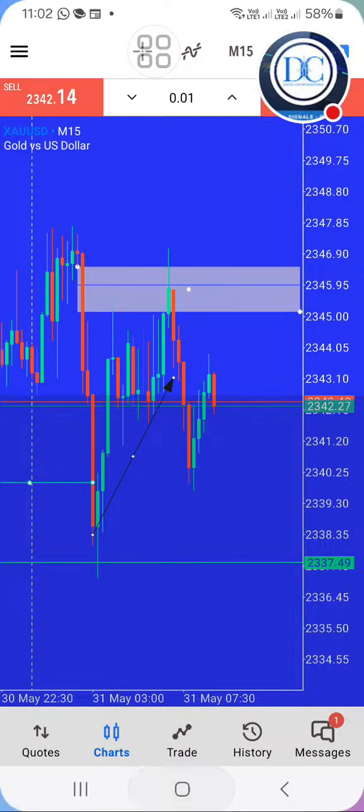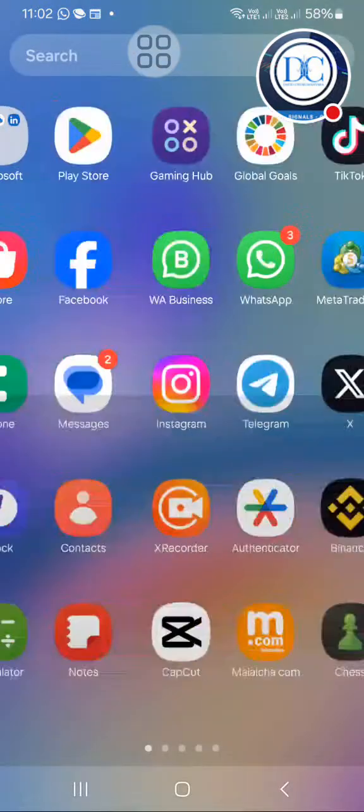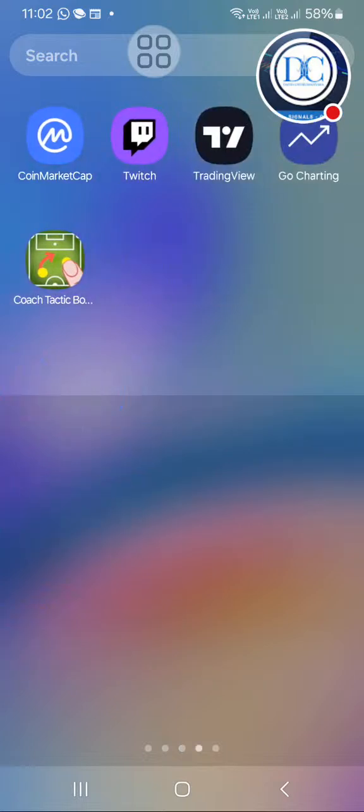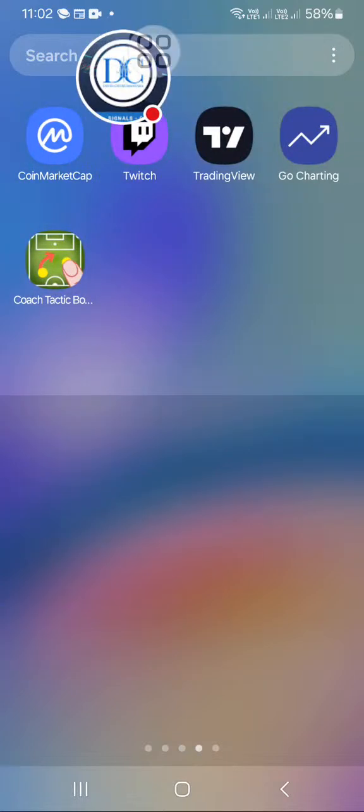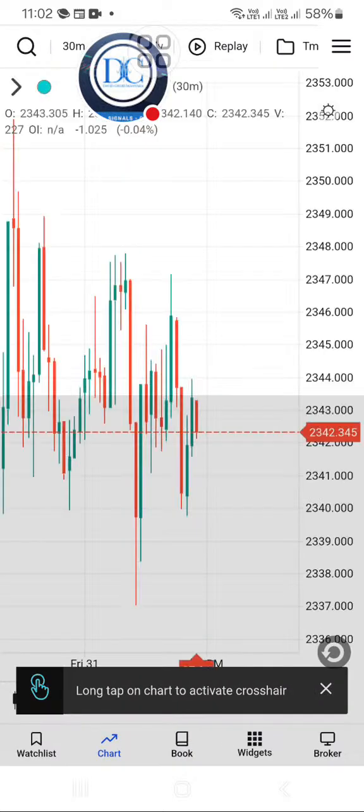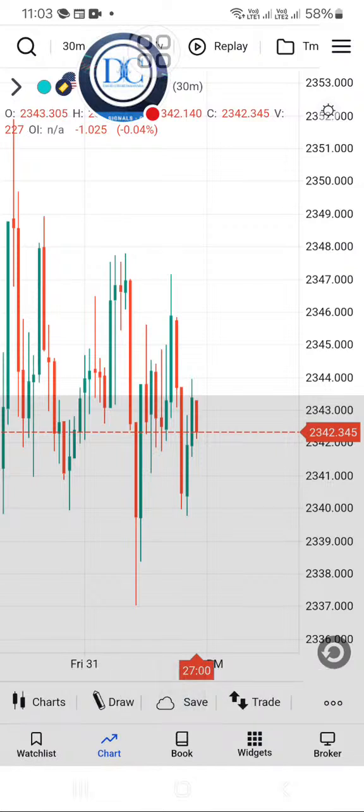Then I just want to share with you guys, if you want to backtest your strategies, maybe you're trading forex pairs, you can use GoCharting. If you go on TradingView, for you to backtest your strategies you need to pay, because you can only make use of the replay mode on the daily.